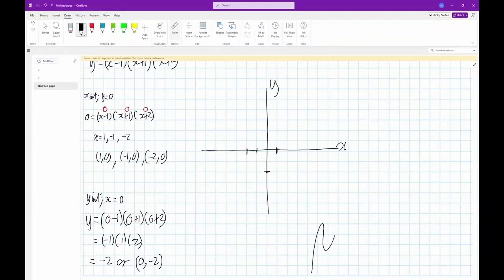They can have basically a peak and a trough within inside of them. So what we get here is we get this sort of situation like so. And now we can go ahead and mark in our points, which are going to be -2, 0. We've also got -1, 0. We also have 0, -2, and then finally we have 1, 0 there. And that is going to be everything you need to graph that one.